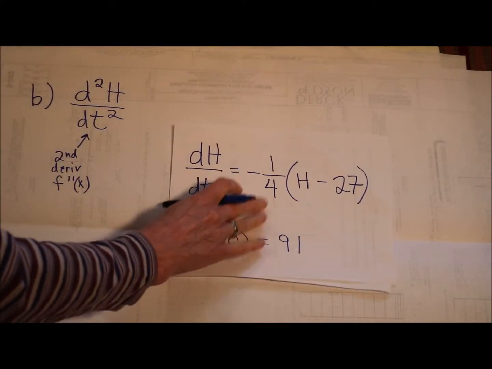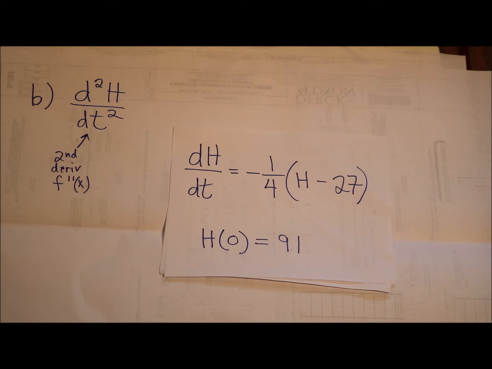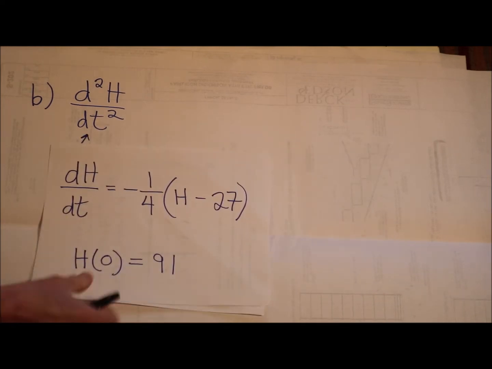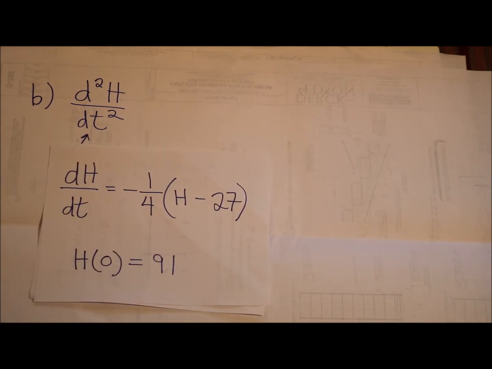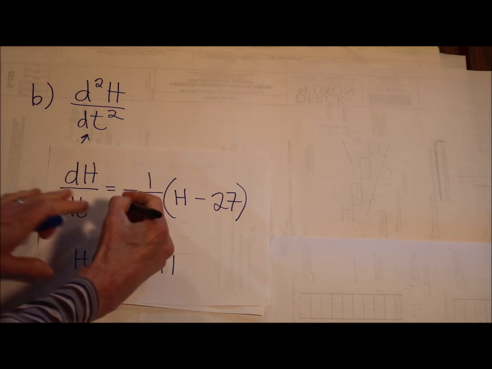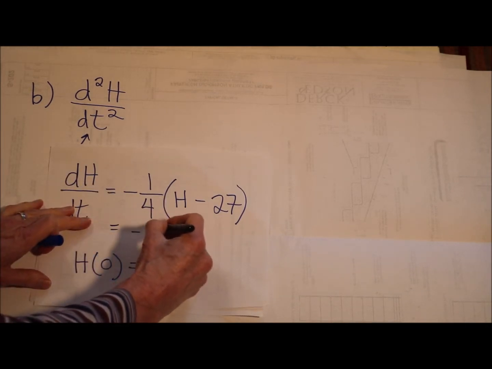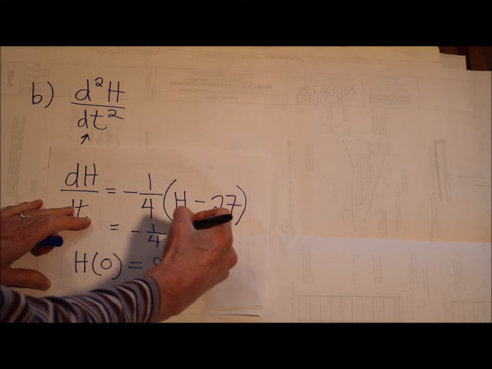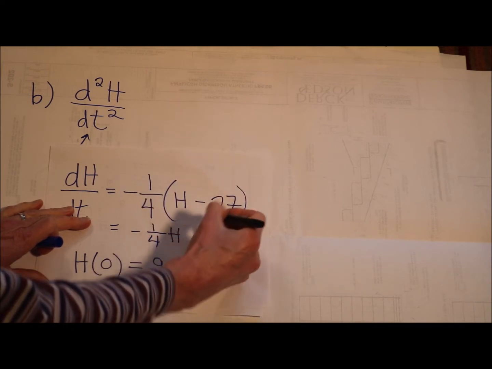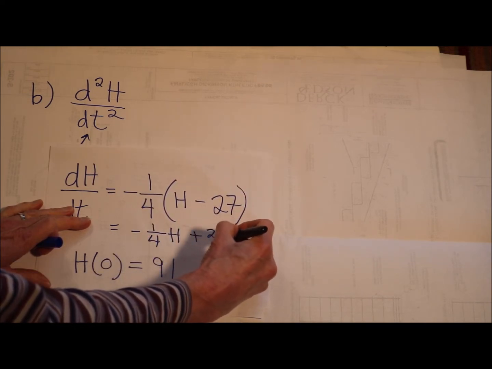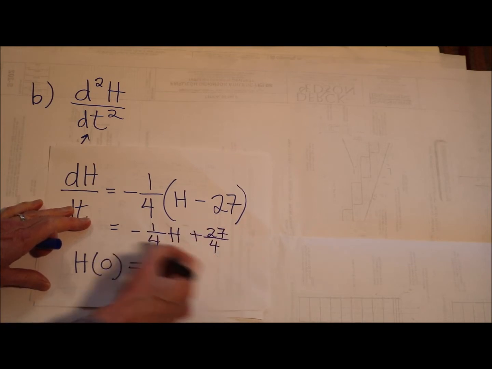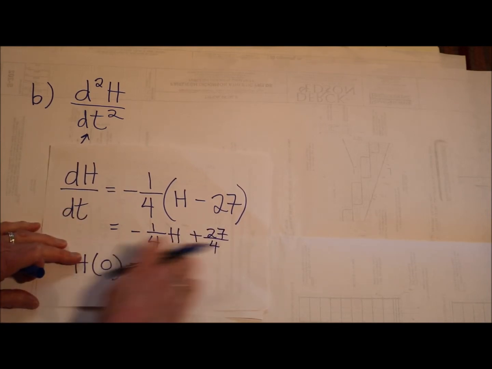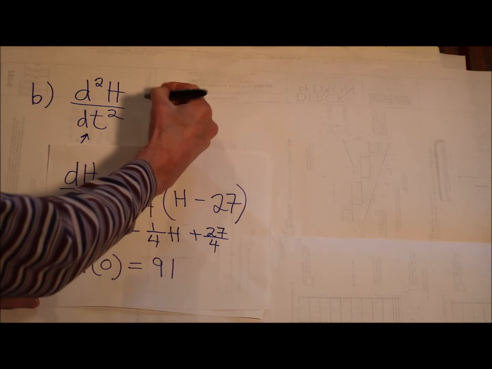Well, there's my first derivative, so I'm going to be taking the derivative of this. You know what I might do first here, just to make life easier, in the derivative that they gave me, I'm just going to rewrite it first by distributing through. So the second derivative is just going to be the derivative of this, which is going to be negative 1/4.